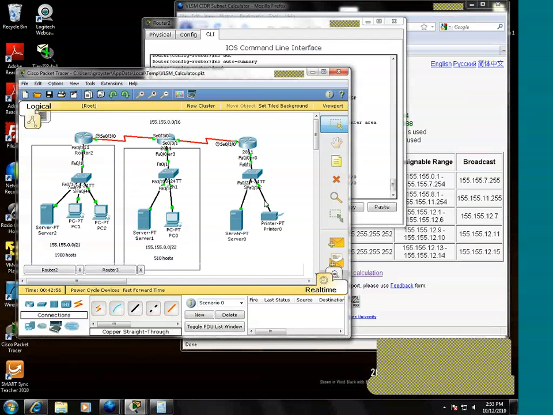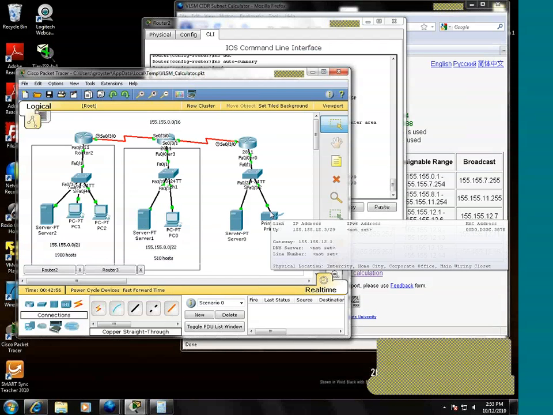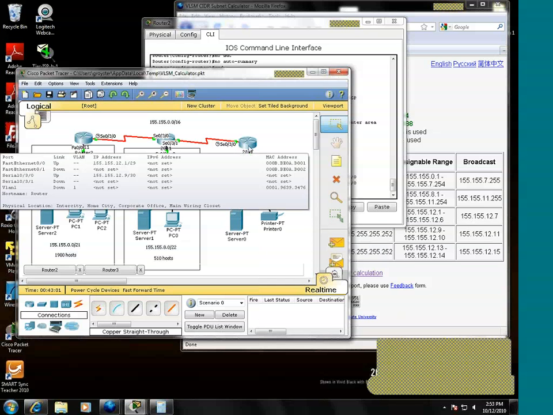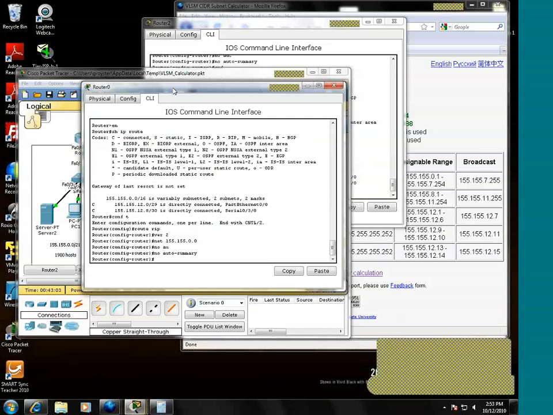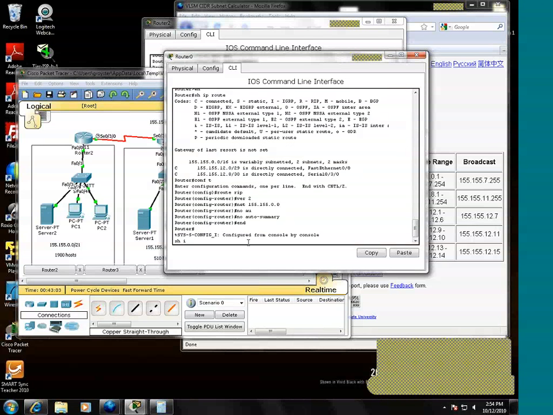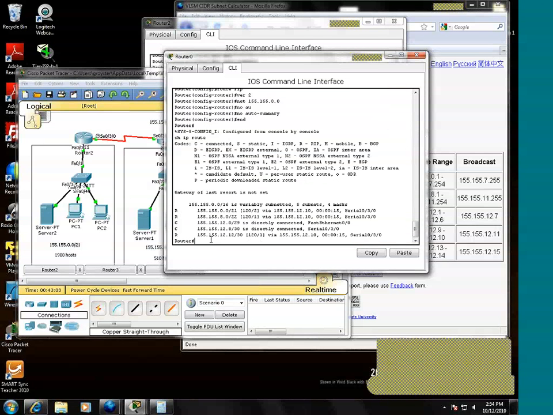Now we need to ensure that the printer can respond. So we need to look in the default router of the printer, and we need to look for this particular network. That's going to be the destination for the reply. Is it there? Yes, it is. Okay. So we should be able to ping the printer.